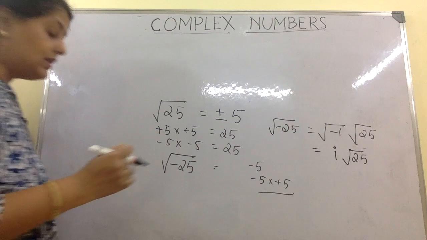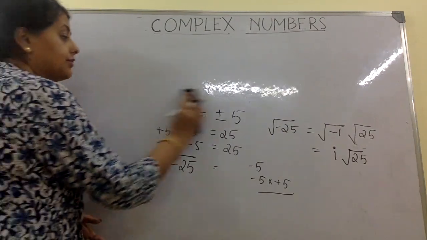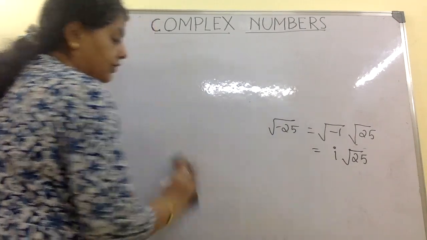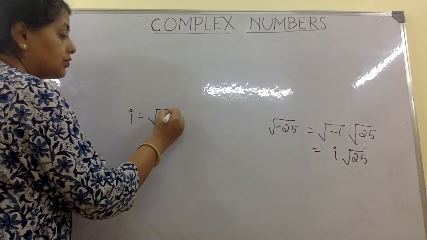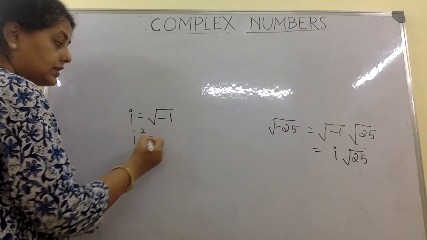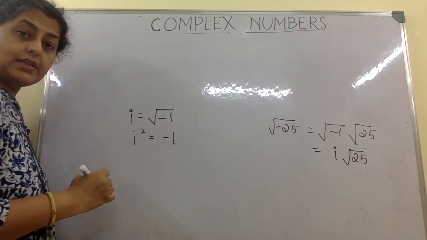What is i? Let's talk about i a little bit, because i is new for you all. So i is equal to root minus 1. Then i square is minus 1.